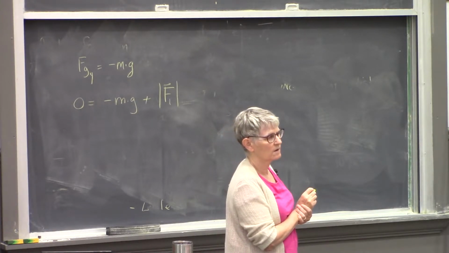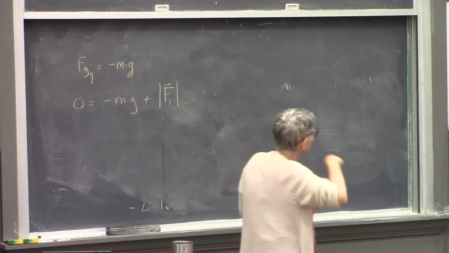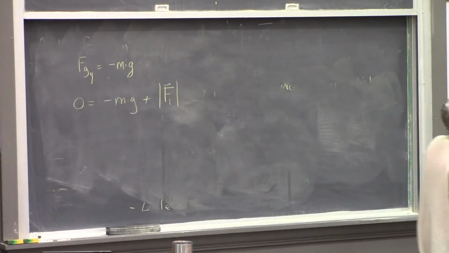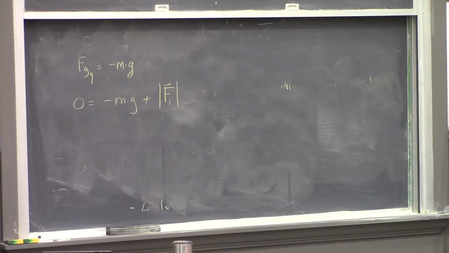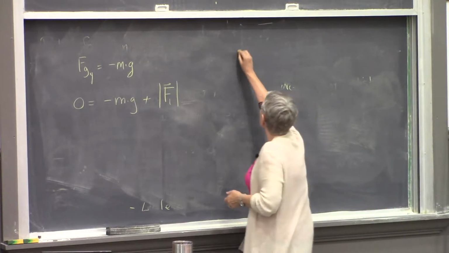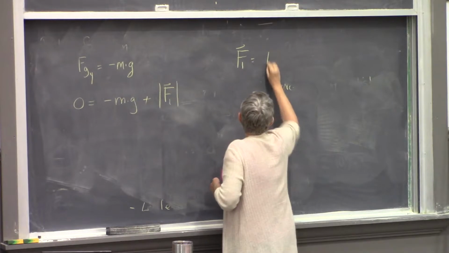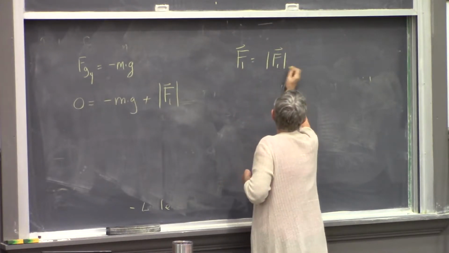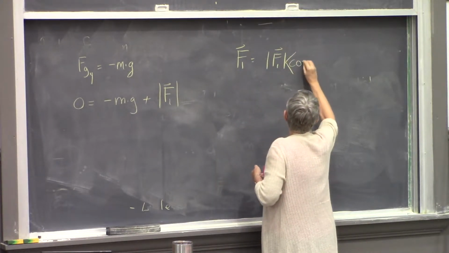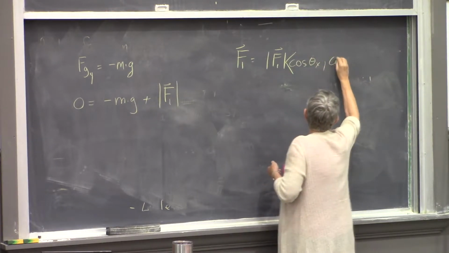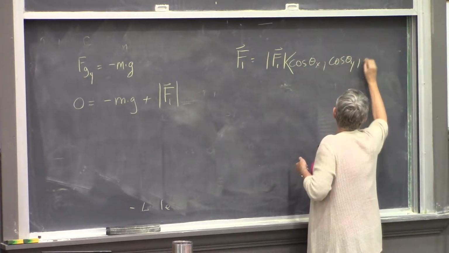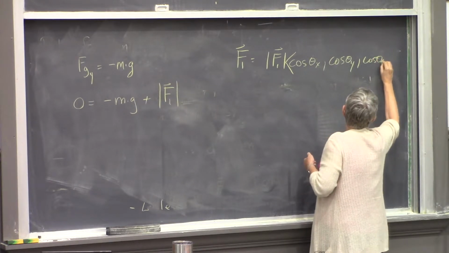If we knew the vector, we could take the square root of the sum of the squares, but since we don't, what does this angle tell us here? Okay, so remember that we can write F1 is equal to the magnitude of F1 times the vector cosine theta x, cosine theta y, cosine theta z.